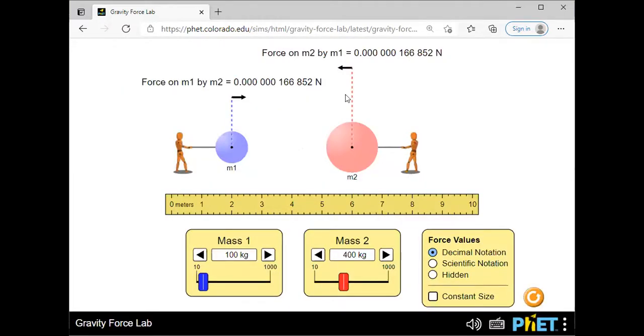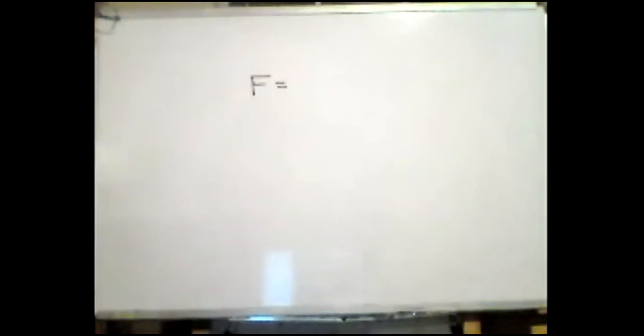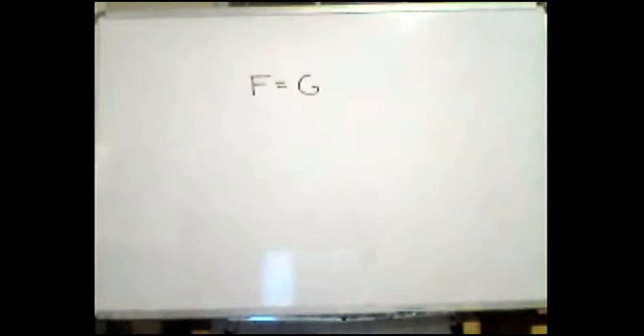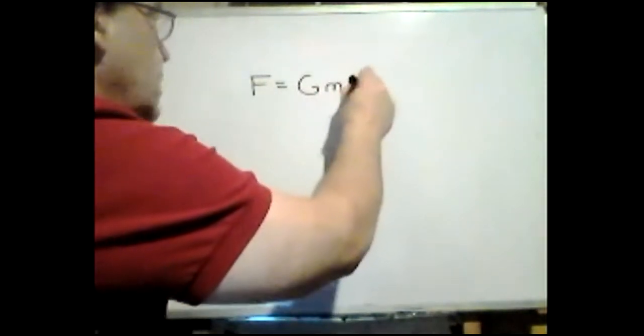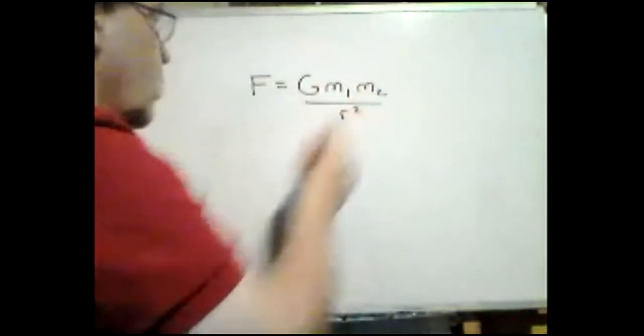I'm going to stop sharing for a second, and let's remind ourselves of the force we're looking at. I'm going to write it in terms of just magnitudes. The gravitational force, the mutually attractive force between a mass M1 and M2, is the universal gravitational constant, capital G, times the product of the masses, M1 times M2, divided by the center-to-center distance squared.